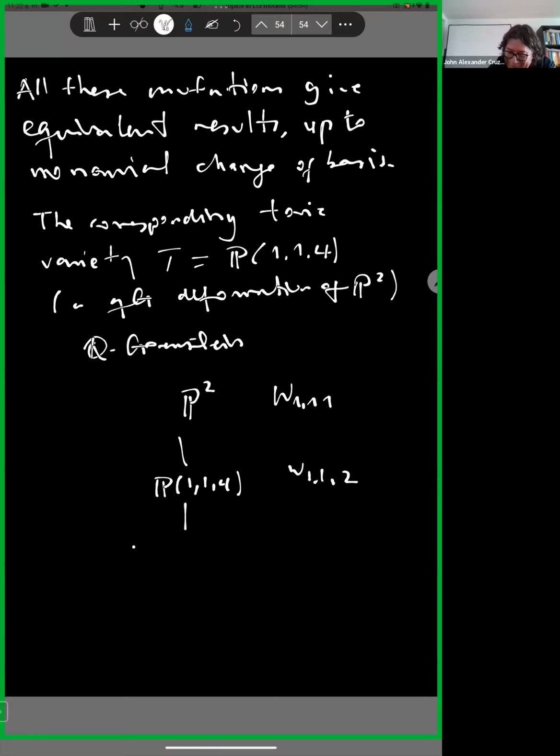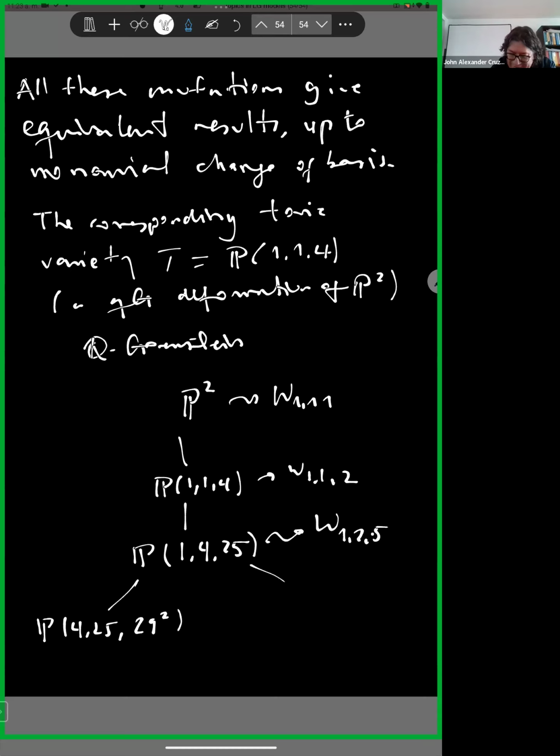So you can continue and you see, for example, you get this 1, 4, 25, and this should correspond to this Landau-Ginzburg model with another Markov triple, and then again you can get here P(1,4,25), P(4,25,29 squared), and then P(1,25 squared), and so on.